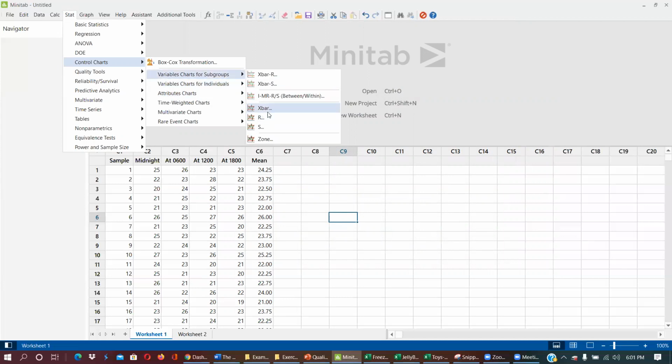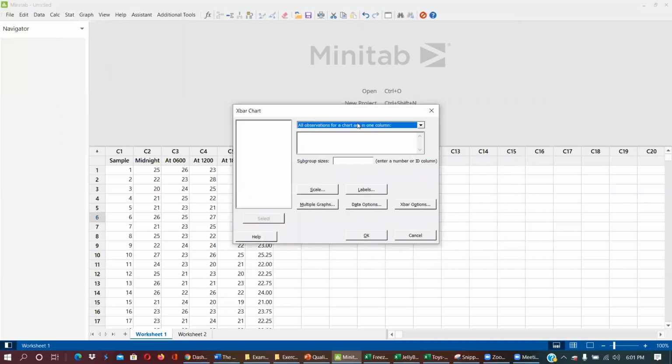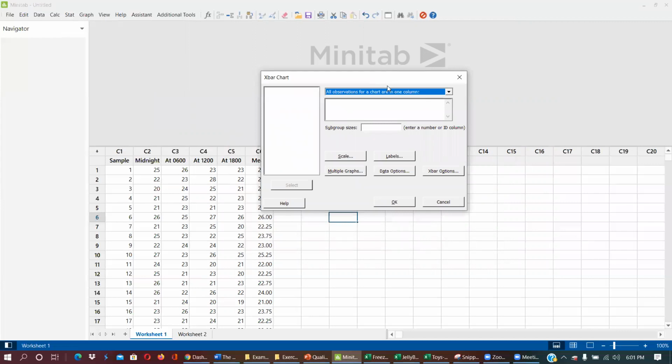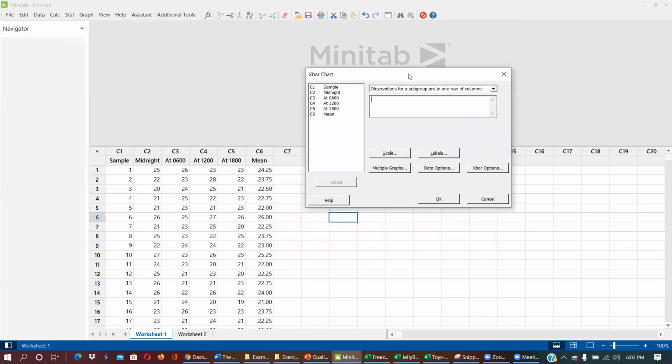So the X bar chart. Here you can see observations for a subgroup are in one row of columns, versus all observations for the chart in one column. We don't have them in one column here.